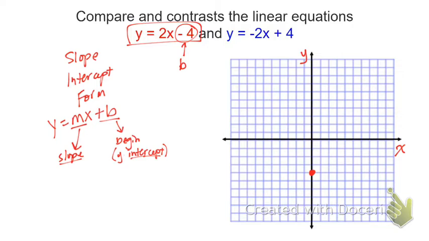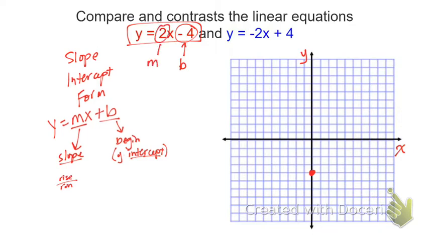And our slope, if you recall, it's easiest to think of it as rise over run, right? In other words, your vertical change over your horizontal change. So if it helps you to draw a slope triangle, by all means do it. Let's take a look at our slope here.